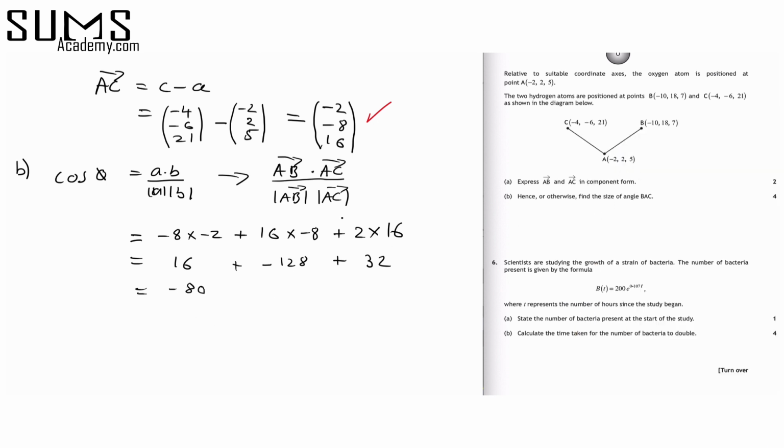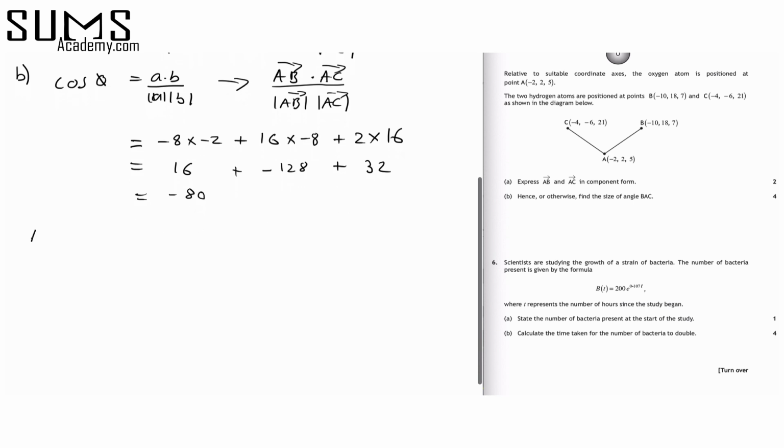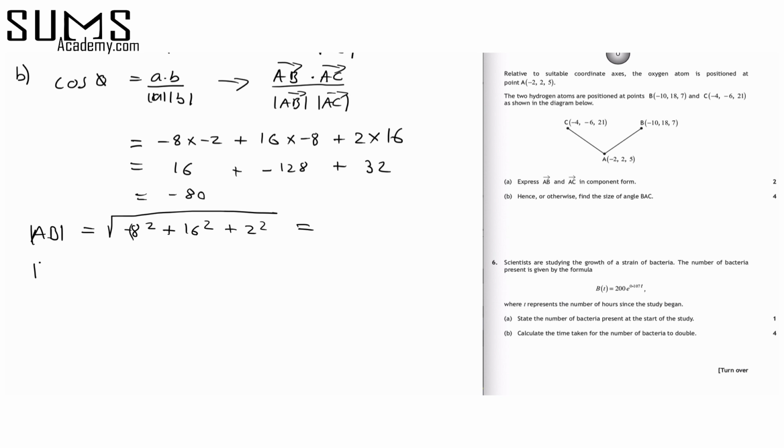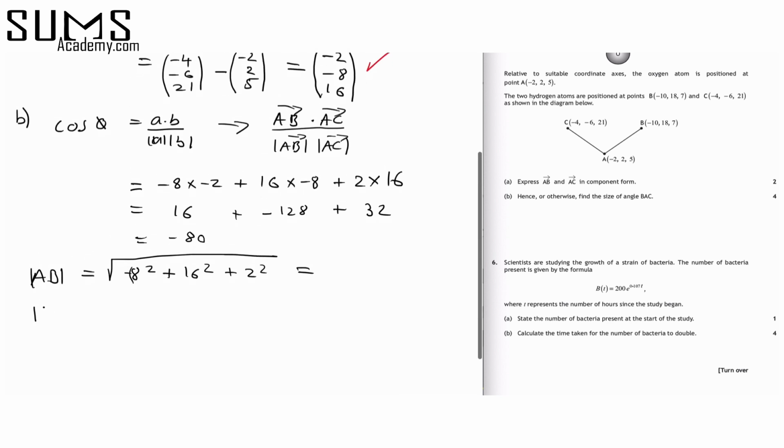Okay, so now we need to work out the magnitudes of AB and AC. The magnitude of AB is equal to the square root of negative 8 squared plus 16 squared plus 2 squared. It doesn't matter if it's getting square rooted. And then you might notice that AC has the same components, but just in a different order.